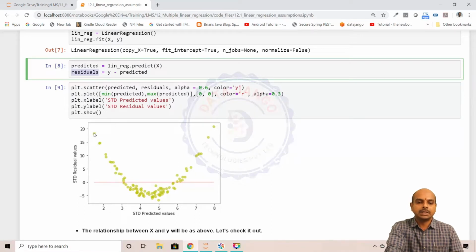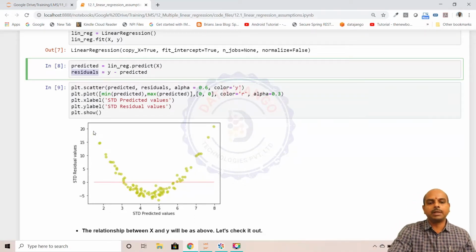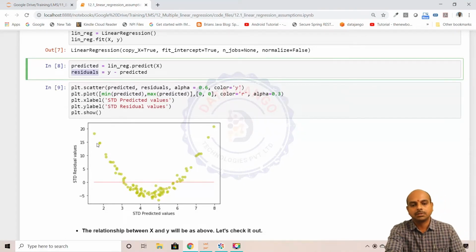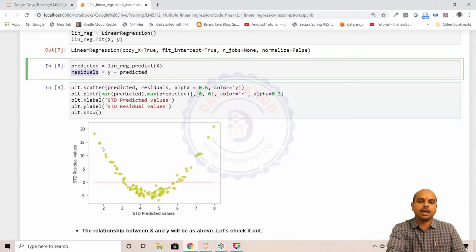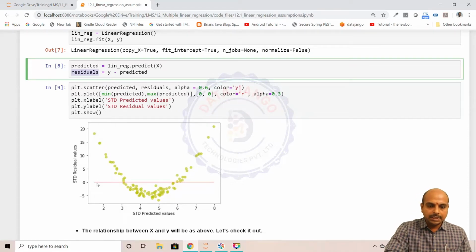Or y is maybe 20 and the predicted value is 3. When you subtract 20 minus 3, you will get 17. That's the dot here. And then for the second value, y is maybe 16 and your predicted value is 3. Again, it's going to be 13. So the distance between this red line and the dot shows you the residual.